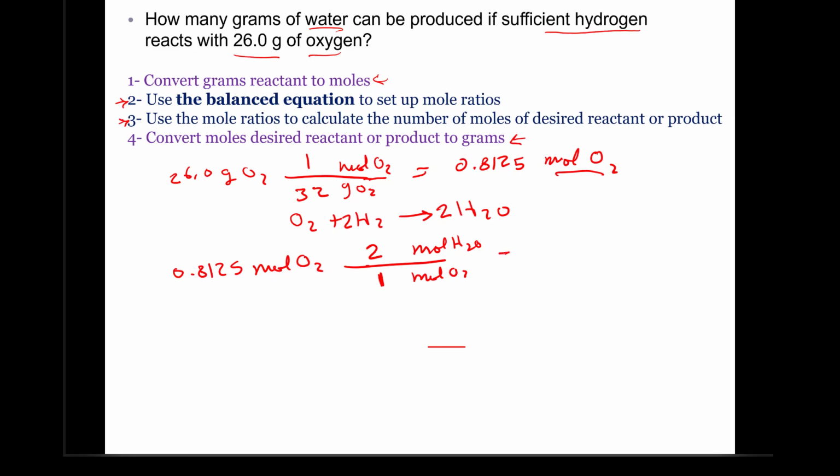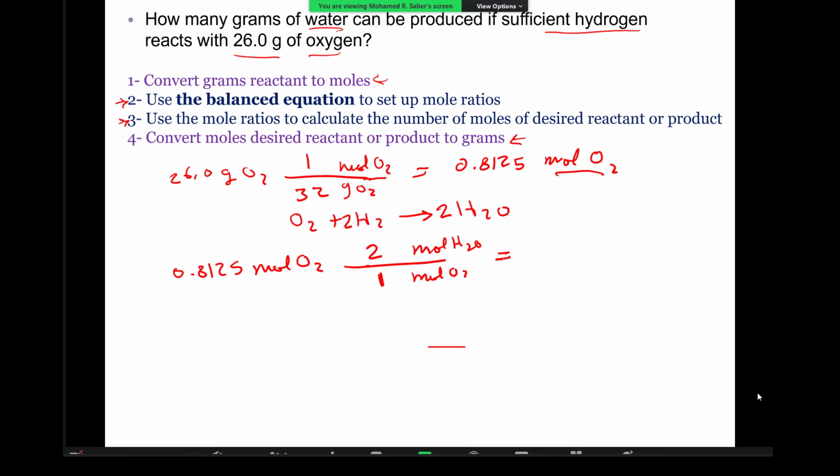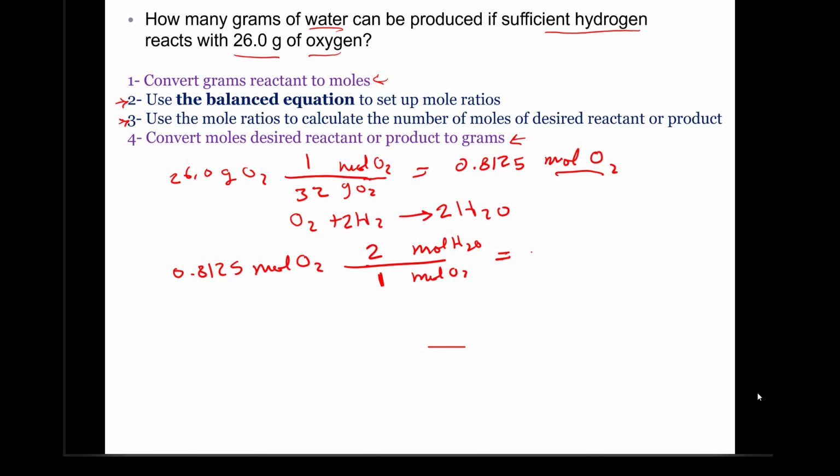So the number of moles of water that will form is going to be twice as much as that number of moles of oxygen. So multiply this times 2. That gives us 1.625 moles of water.